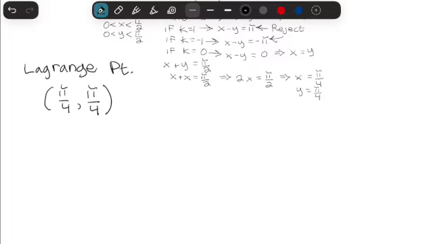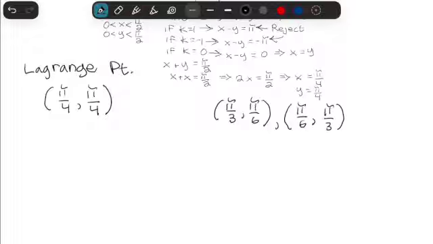So I think the convenient values to use on either side would be pi over 3, comma, pi over 6, and pi over 6, comma, pi over 3. These are our test points. Now we can just plug these into f.